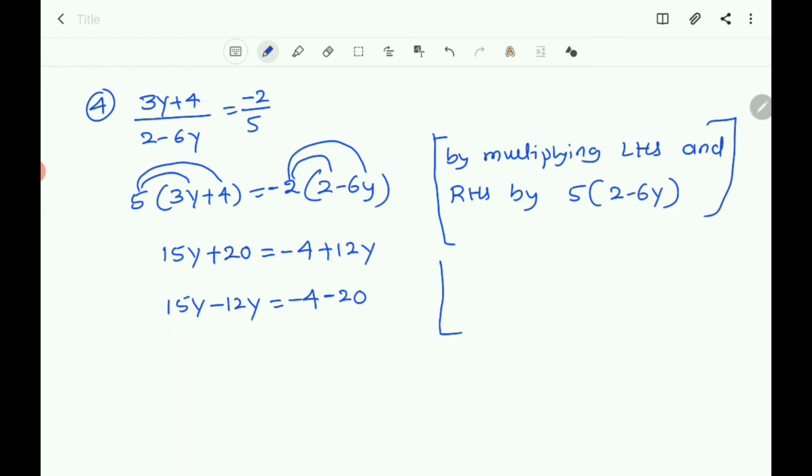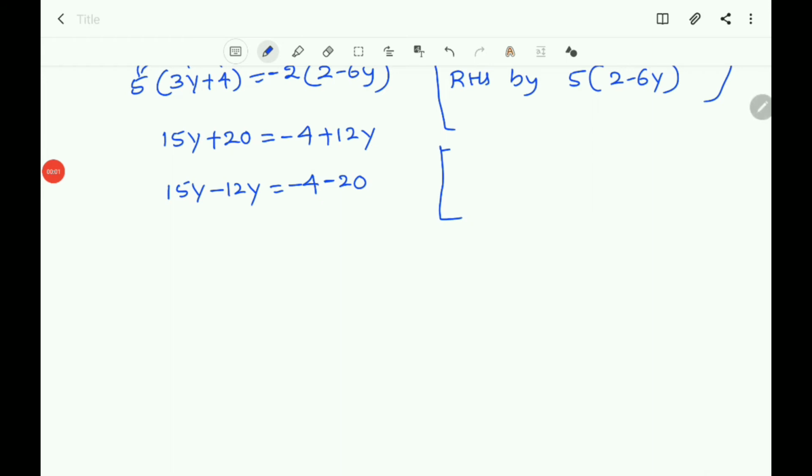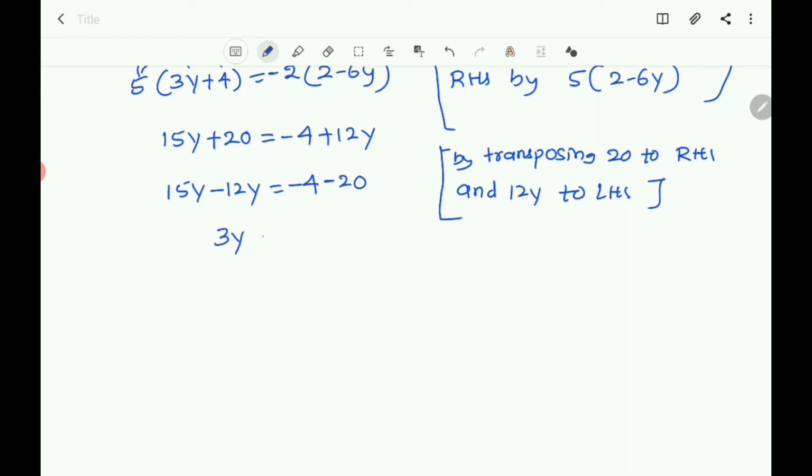So what you have done here, by transposing 20 to RHS and 12y to LHS, then 15y minus 12y becomes 15 minus 12 is 3y is equal to minus 4 minus 20.